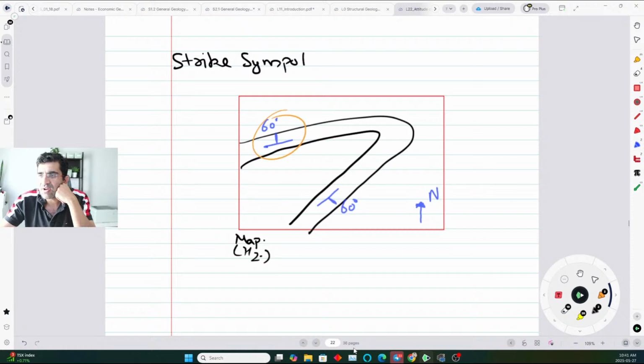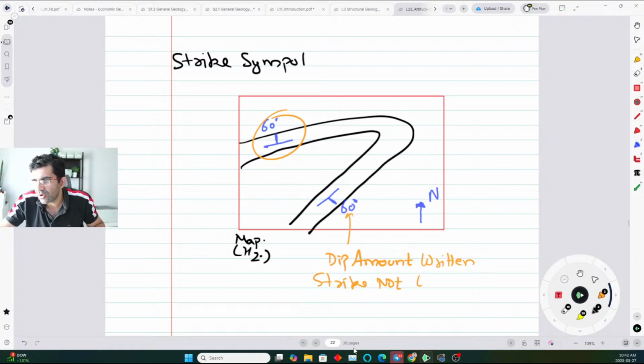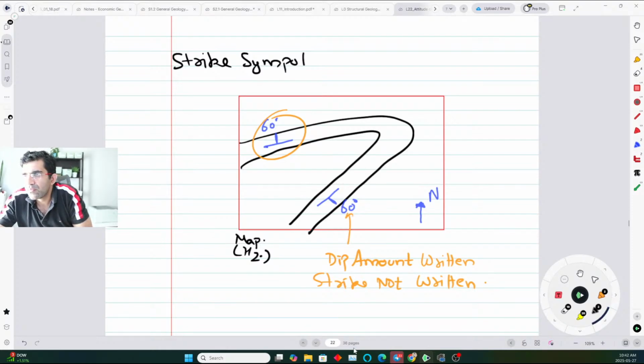So why do you only specify the dip amount? Strike is not written. Why do you think that is the case? Can anyone take a guess?